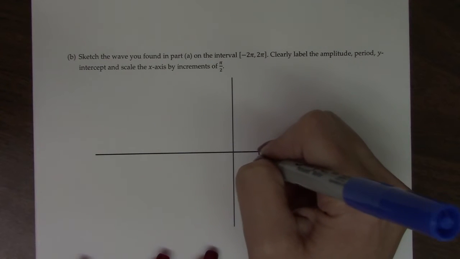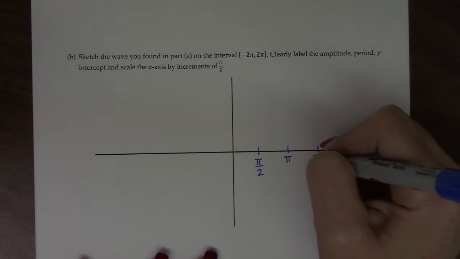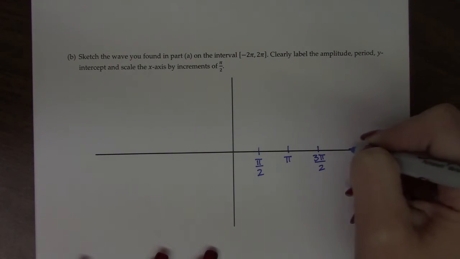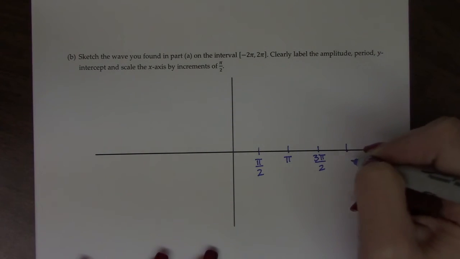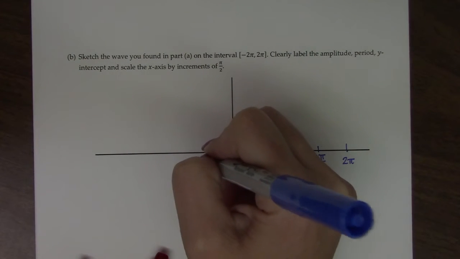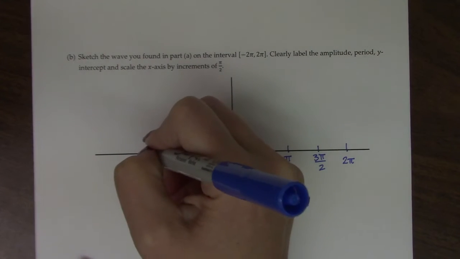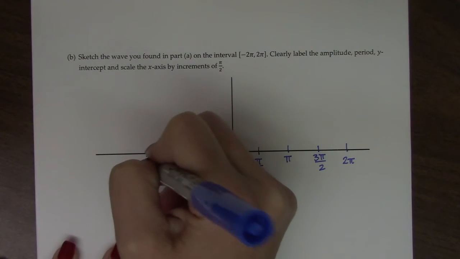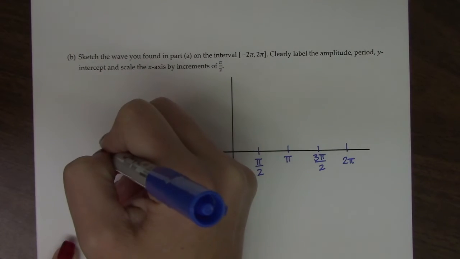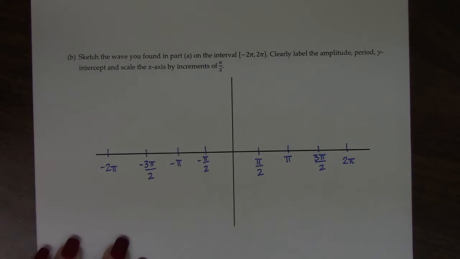So I'm going to have pi over 2, pi, 3 pi over 2, 2 pi, negative pi over 2, negative pi, negative 3 pi over 2, and negative 2 pi.